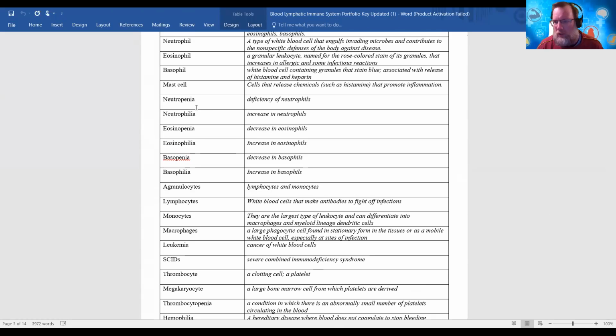Emia is another one you'll see, EMIA. Emia just generally is a condition of the blood. Penia usually means some sort of deficiency of something, so if you see penia at the end, it usually means a decrease or deficiency, whereas philia has an affinity for, so it usually means an increase in something.